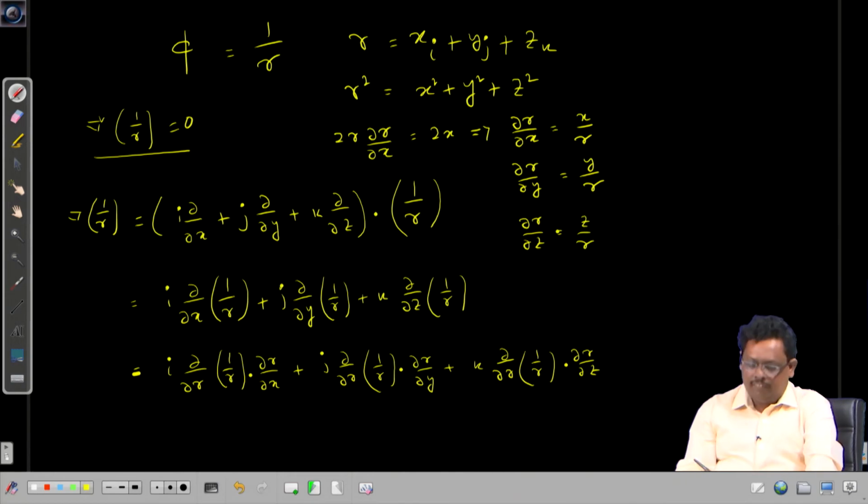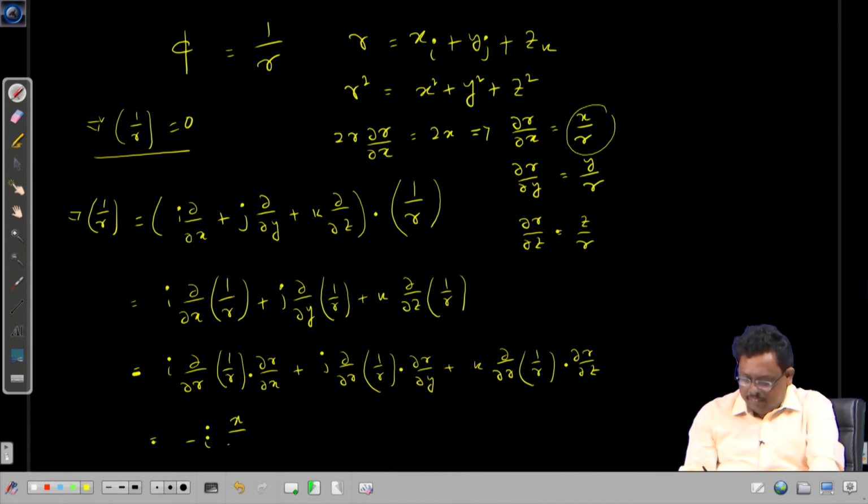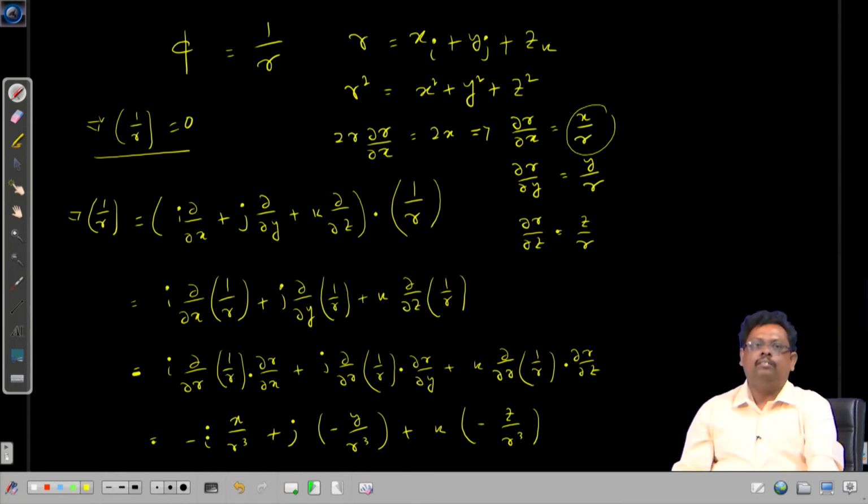Now, if you substitute everything, del of 1 upon r by del r is minus 1 upon r square, and del r del x is x by r. So, I will get i into minus x divided by r cube, plus j into minus y divided by r cube, plus k into minus z divided by r cube.